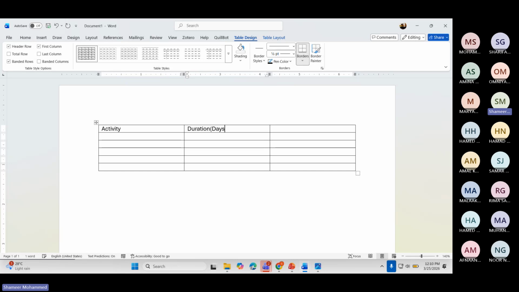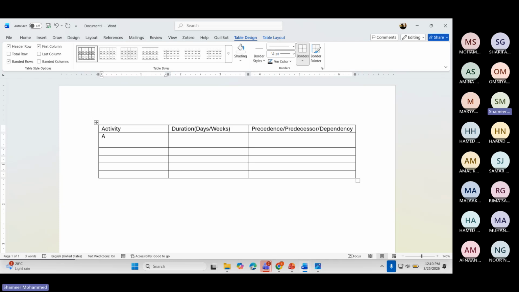This is in days or in weeks. Then precedence or predecessor or dependency. Any name can be given. Okay. So you have, imagine, activity A, activity B, activity C, sorry, activity D, like this.